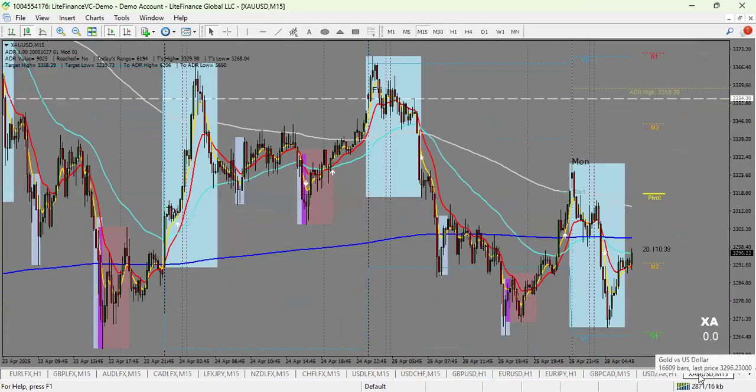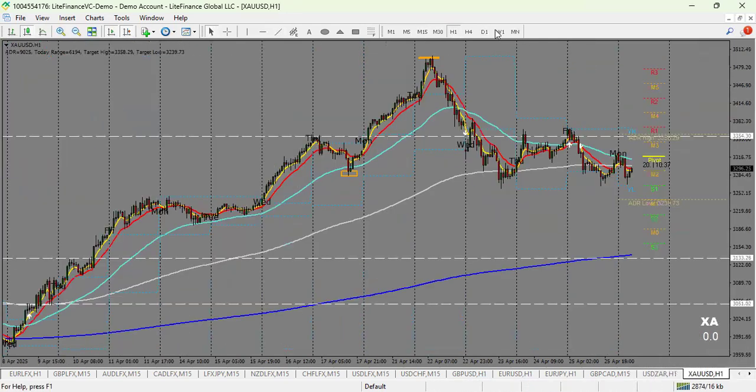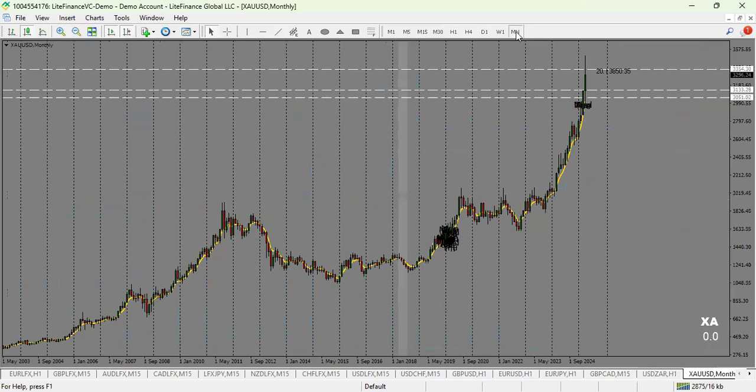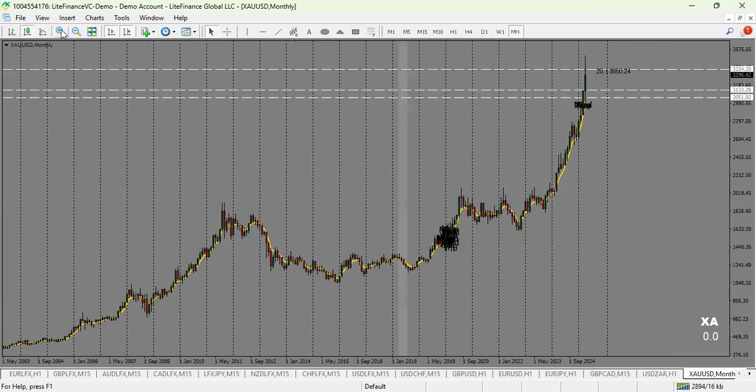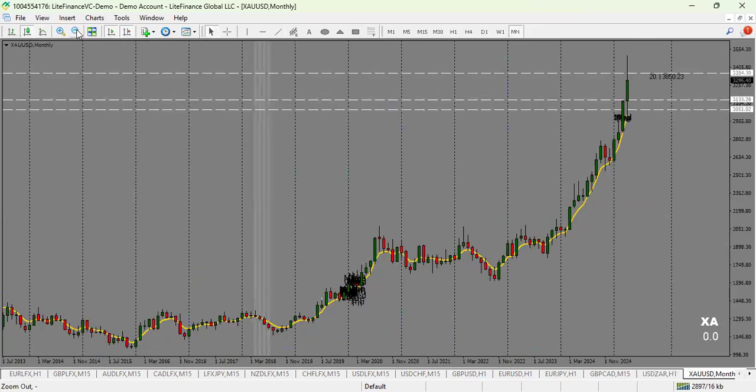Now let us finish our analysis by looking at gold. Gold has been having very good bullish momentum, and analysts from different institutions like JP Morgan are expecting gold to reach the price of $4,000 per ounce.